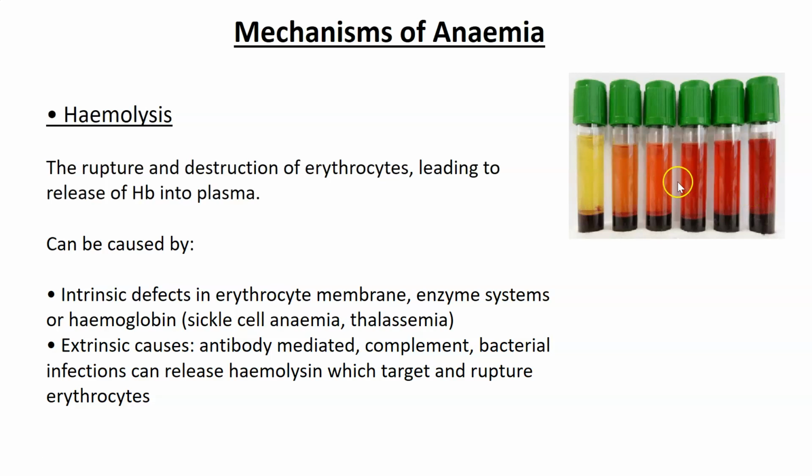They can be caused by different things. There could be intrinsic defects. There could be problems with your own genes. It usually is a problem of the erythrocyte membrane. The erythrocyte membrane is a specialized membrane.